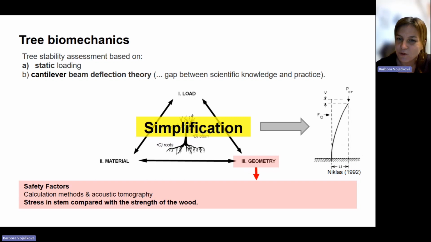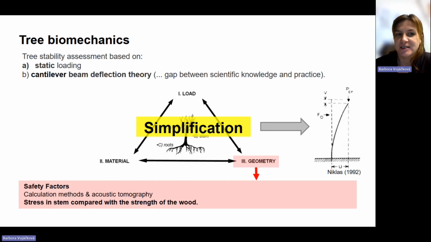Today, we will look at the geometry only, and at what is the common tool in stability assessment. And I have to say, it's really a simplification of the situation around tree biomechanics, because we said that we will assess the tree as a cantilever beam, which is stuck in the ground and which is bending in the wind.